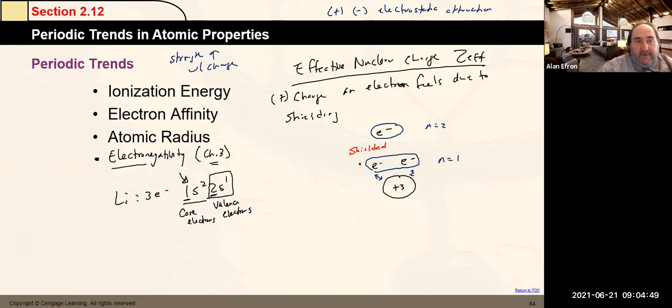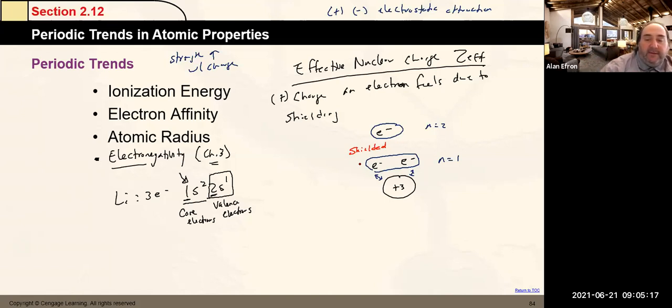Then right before the movie starts, somebody with a giant hat sits in front of you and shields half the screen, and you can't see everything. The same effect happens with electrons. The core electrons, lower in energy, really feel the full brunt of the positive charge of the nucleus, while those outer electrons are partially blocked from that +3 charge.